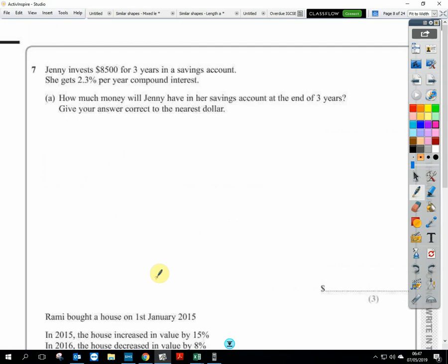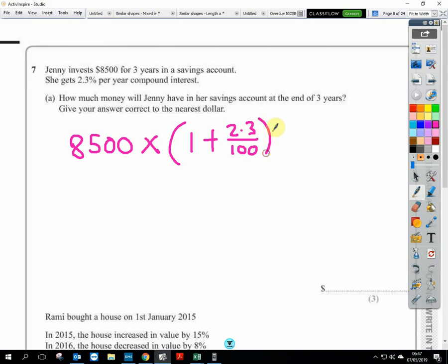Compound interest. So, we use the formula, which is the initial investment amount, 8,500, times the multiplier, which is 1 plus x over 100, so 1 plus 2.3 over 100, to the power of the number of years.